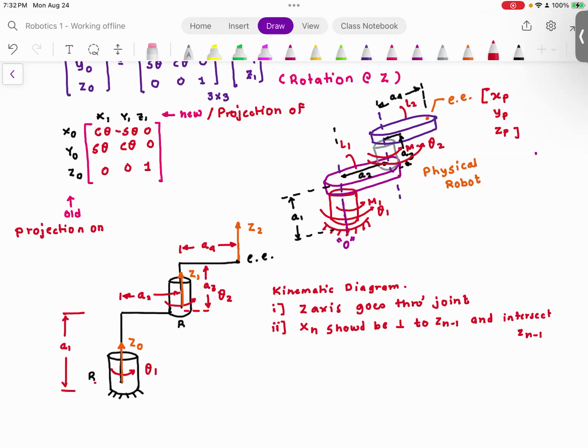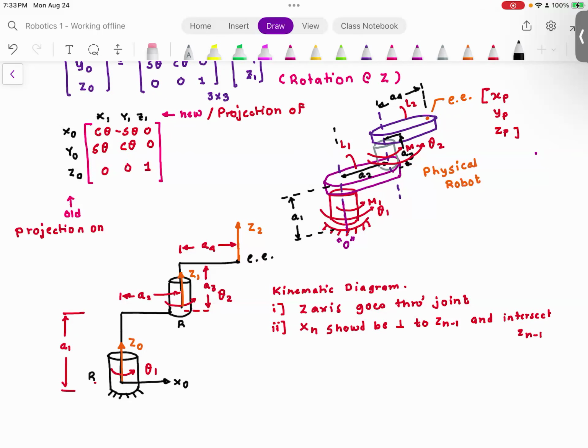Now, what does this mean? The first revolute joint has its axis Z0. There is no other joint before that, no other axis before Z0. So you can assume X0 in this direction, or you can also assume X0 in this direction.